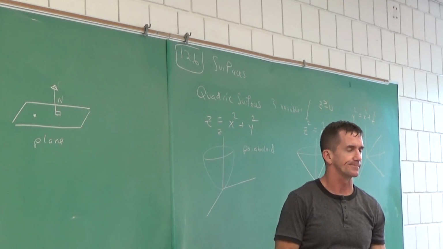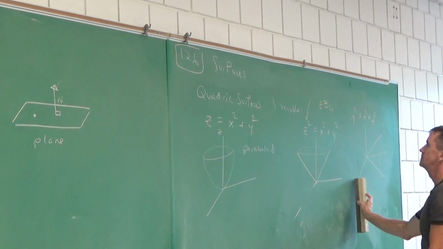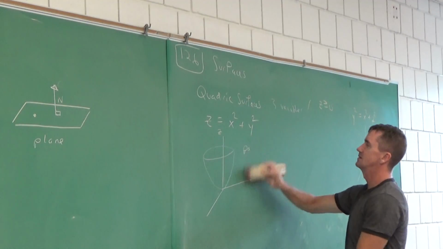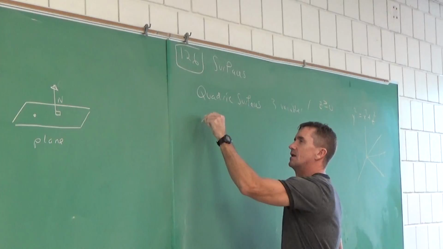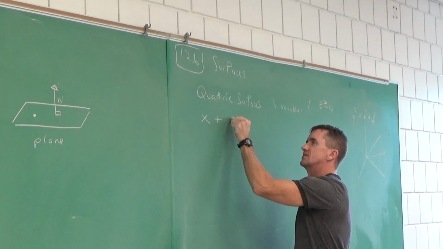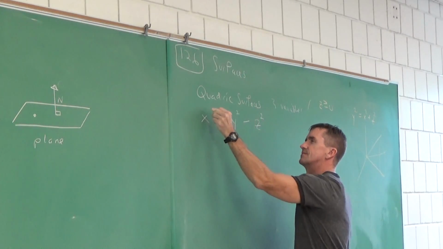Cool. All right. And the next two, we'll put them together. What if it looks like the sphere? One of them's a minus.